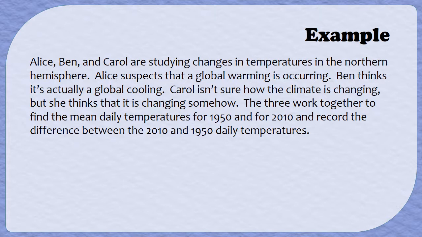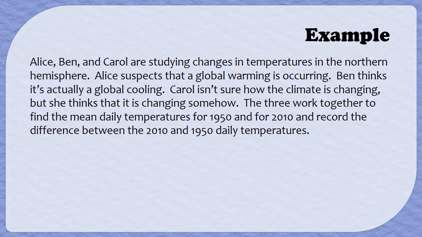So, for example, if we look at, I don't know, April 15th in 2010, and they look at April 15th in 1950, and they say, what was the average temperature on April 15th for these two years? And then they subtract the two amounts.